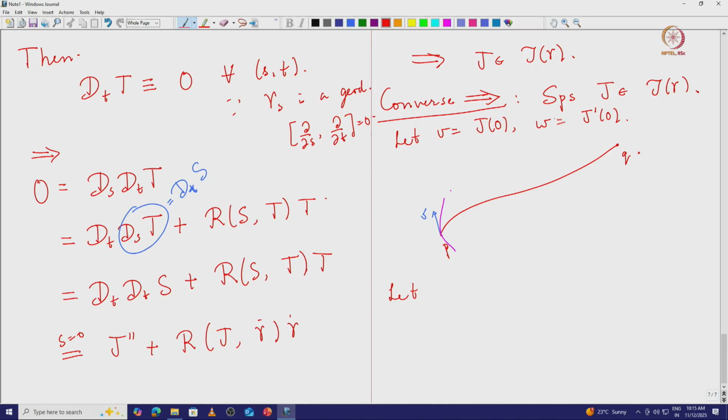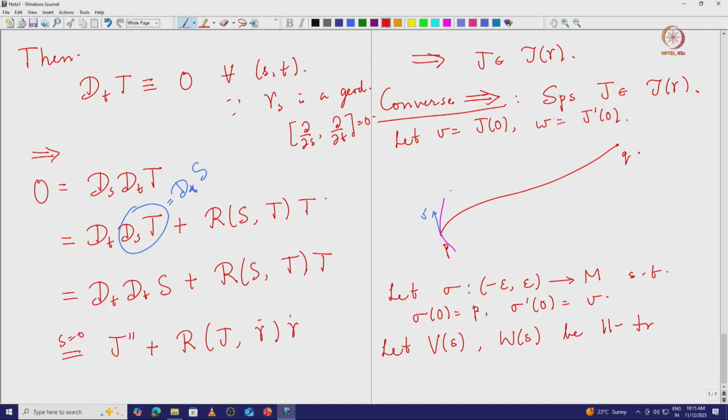Let sigma be such that sigma of 0 is P and sigma prime at 0 is V. Now let V of S and W of S be the parallel transports of the vectors V and W along this new curve sigma of S, and we consider the following.